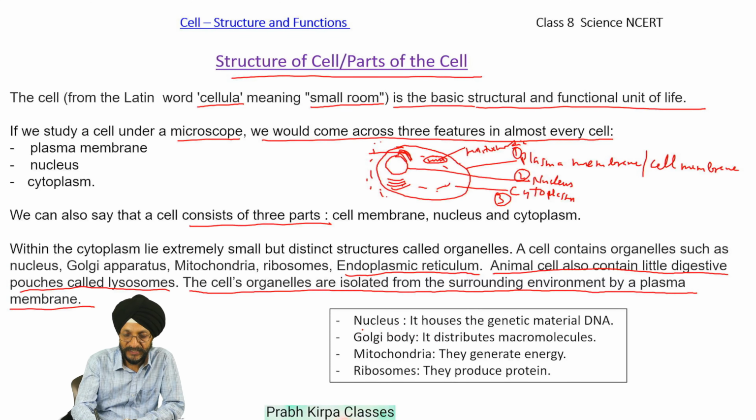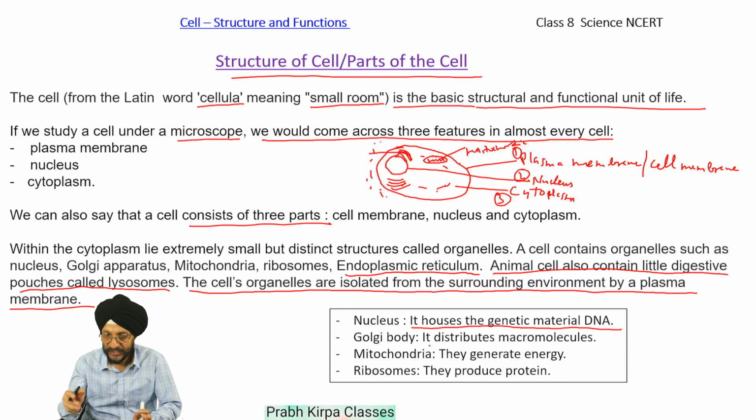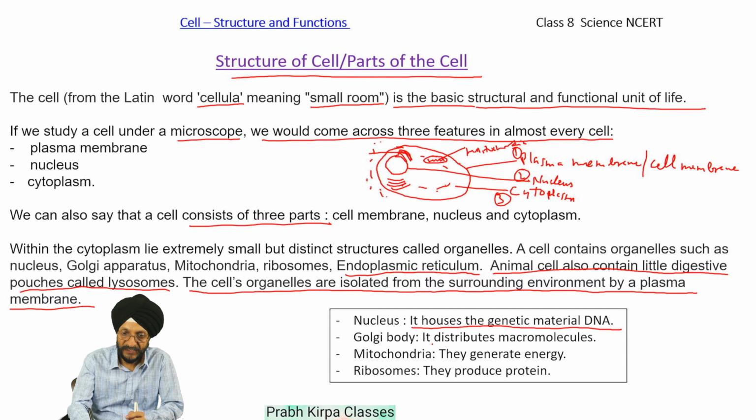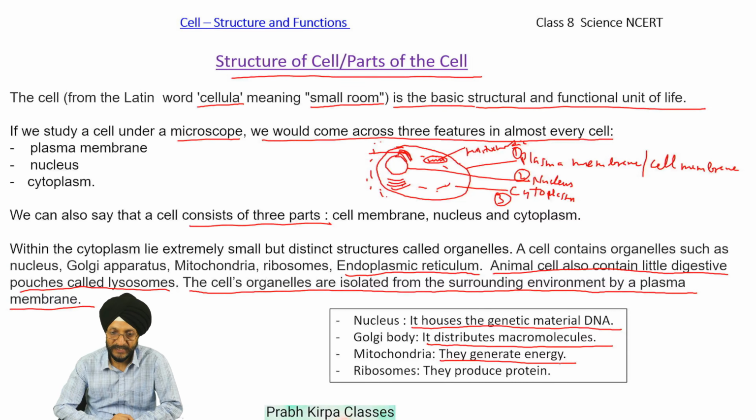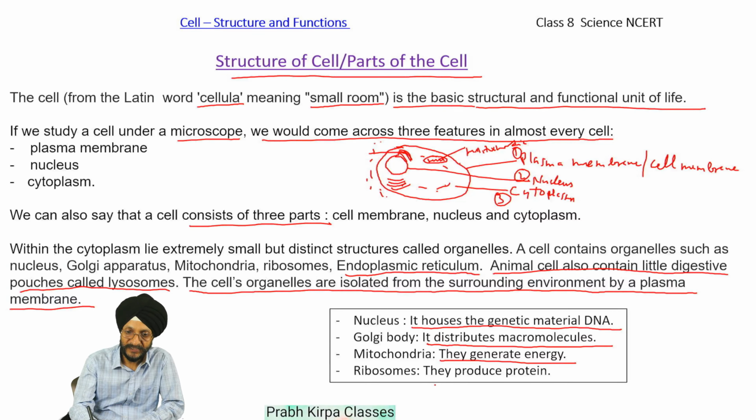So nucleus is what? It houses the genetic material DNA. What is Golgi body, which is also known as Golgi or Golgi apparatus? It distributes macromolecules. Mitochondria, they generate energy. Mitochondria is also known as the powerhouse of the cell. Ribosomes, they produce protein.